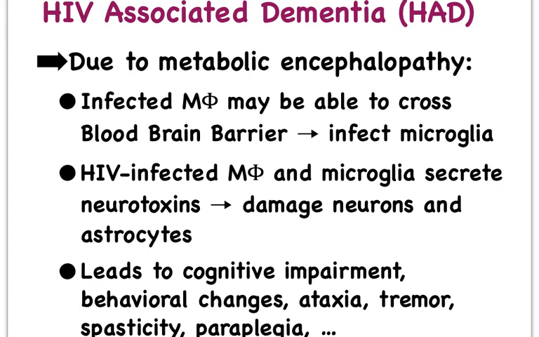And as they do that, they can now pass on the little virus particles to the microglia. Remember, the microglia are sort of the dendritic cells that protect our neurons and their supporting cells. So now we have infected macrophages, we have infected microglia. They're going to secrete all kinds of weird chemicals that then further damage our neurons and some of our supporting cells in the brain called the astrocytes.